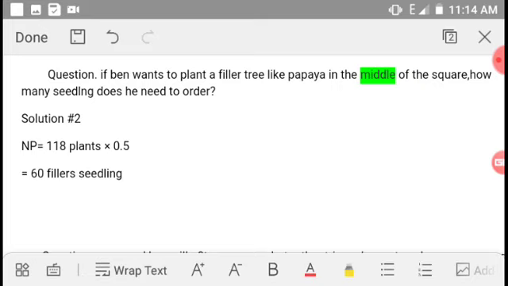So, yung number of plants na na-compute natin, simply multiply it by 0.5, doon natin makukuha kung ilang filler yung ilalagay sa gitna. Kaya yung filler niya is 60 seedlings, which is for papaya.